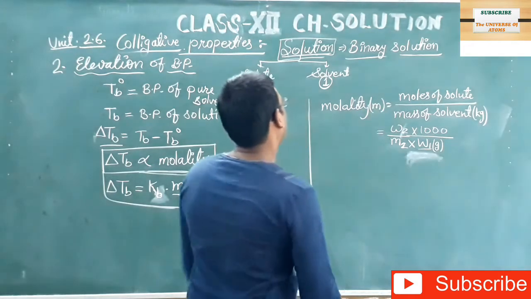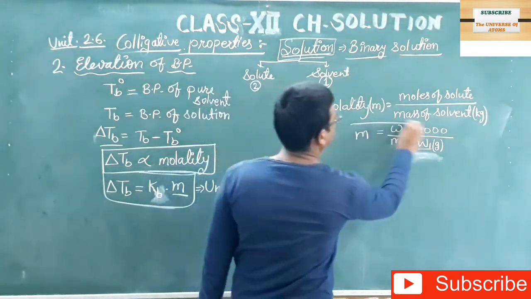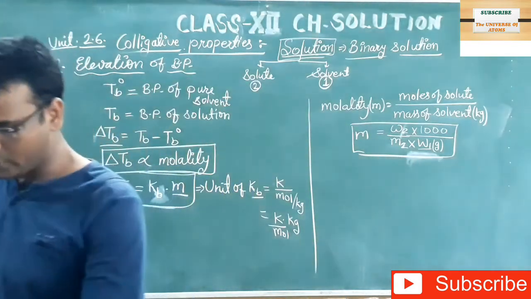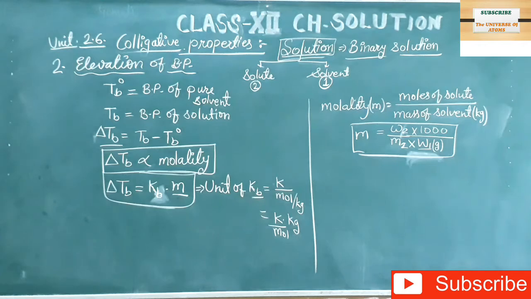Okay, small m is equal to W2 into 1000 upon M2 times W1.